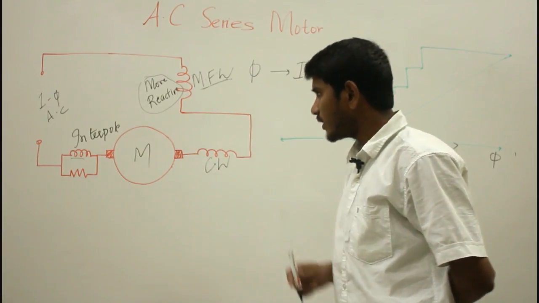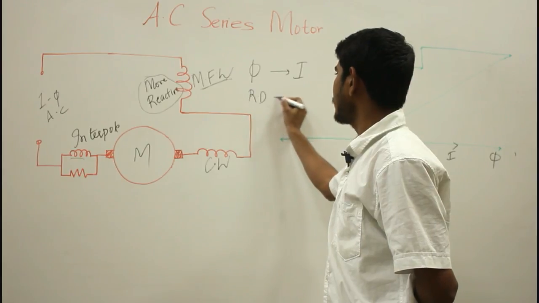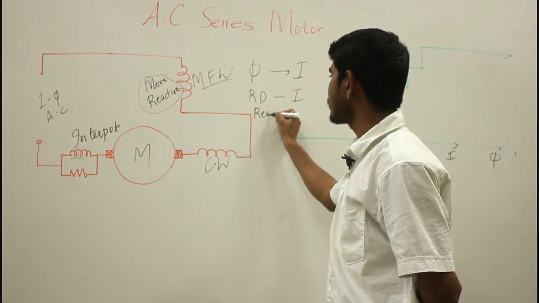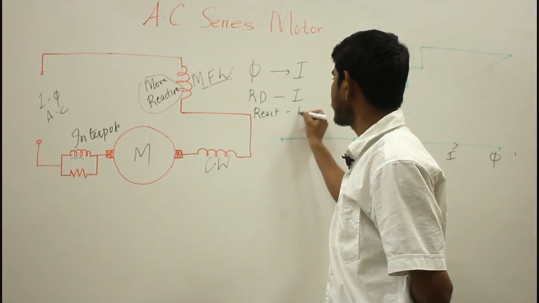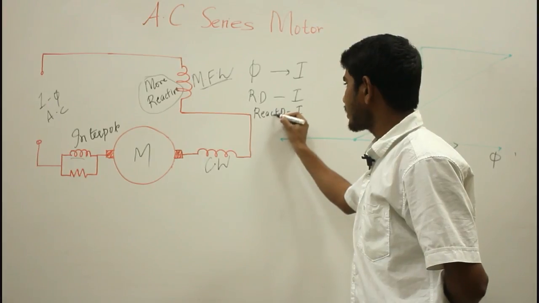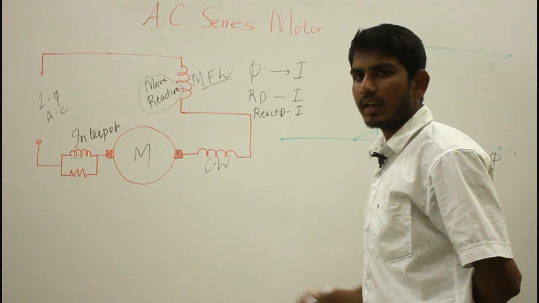The resistive drops will be in phase with the armature current, whereas the reactive drops will be in quadrature with the armature current, leading it by 90 degrees.